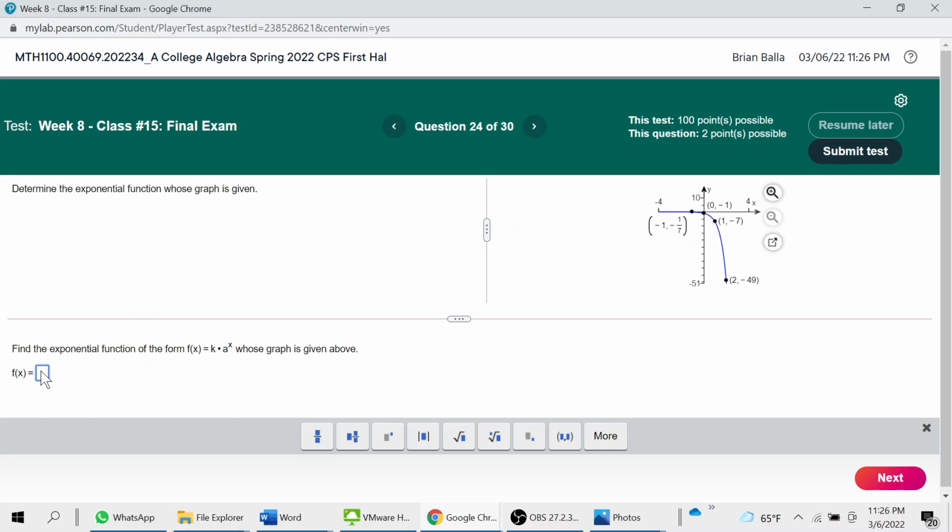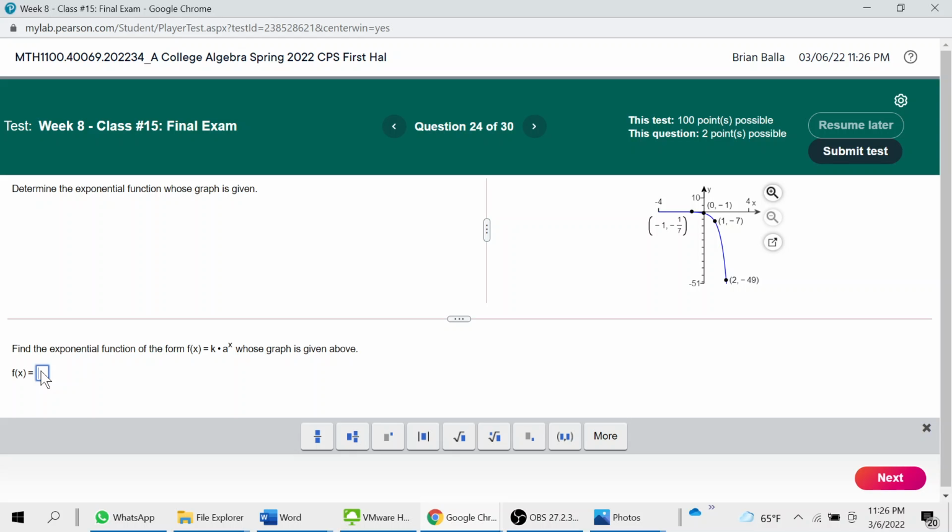Now let's see, exponents, L1, L2, error domain, okay. Why is this giving me an error message? Okay, hold on, let me try this one more time.